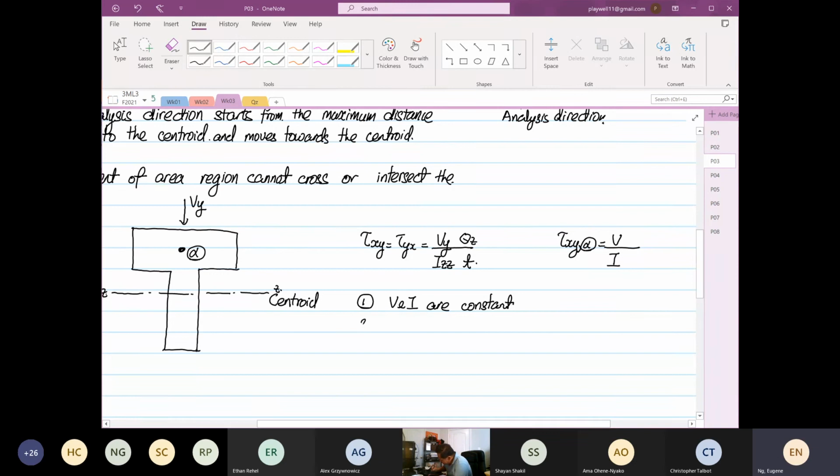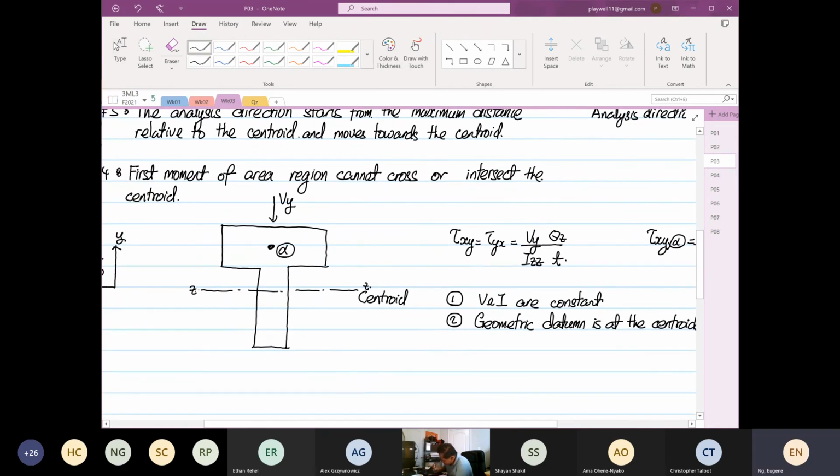Then rule number 2: the geometric datum is at the centroid. This is our datum.